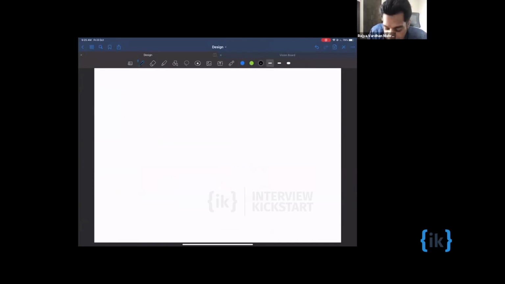The question is that the API latency is 100 milliseconds and we are getting 100,000 requests per second. So how many servers would be needed?